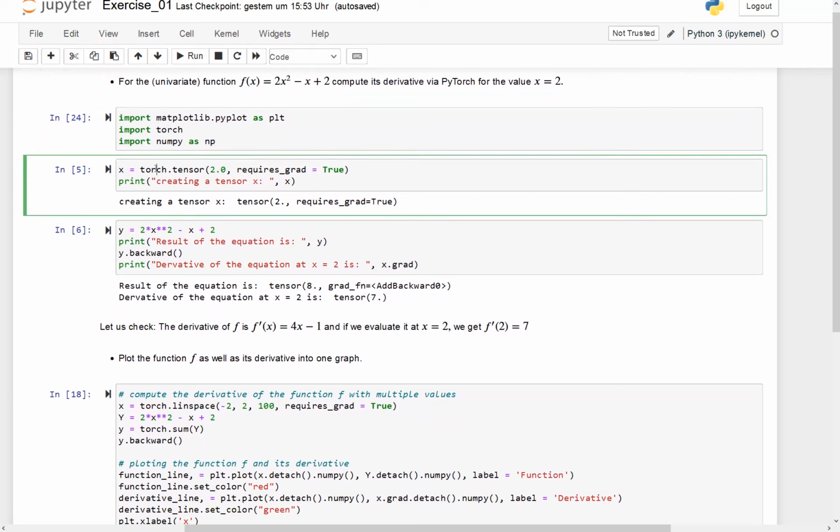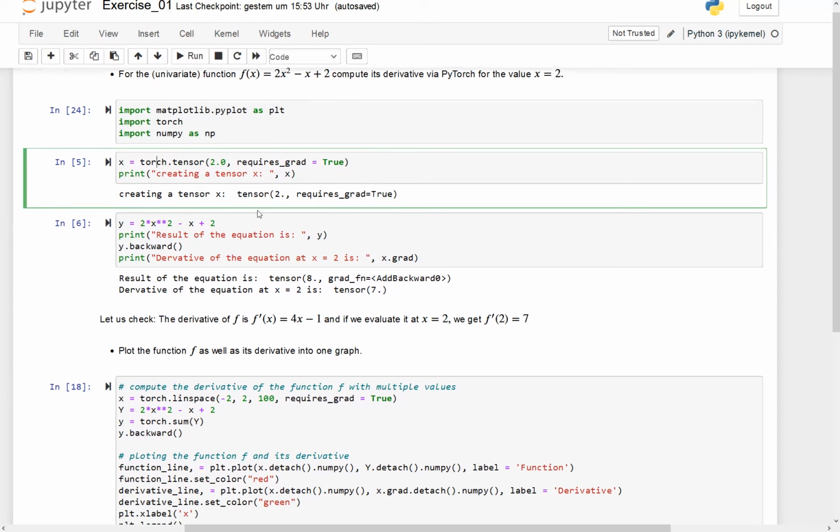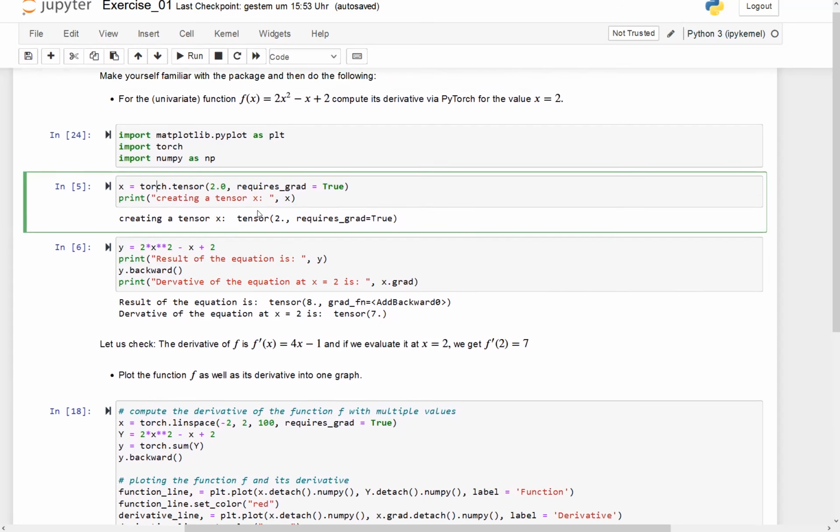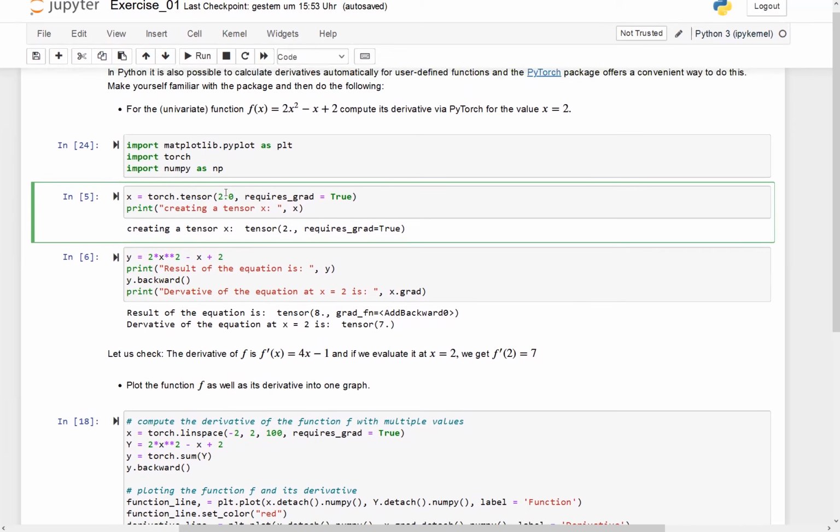Then what you have in Torch are these tensor objects. If you're familiar with Python and NumPy or even pandas, this is something similar. A tensor is also a data structure quite similar to the NumPy ndarray or the pandas data frame.